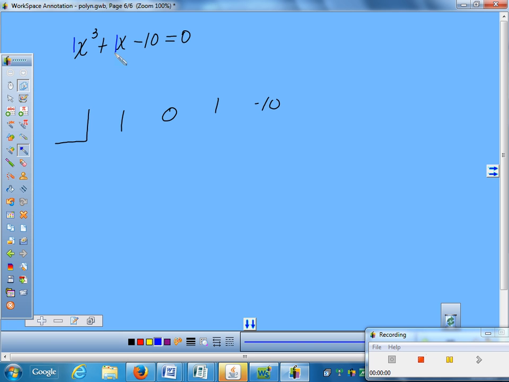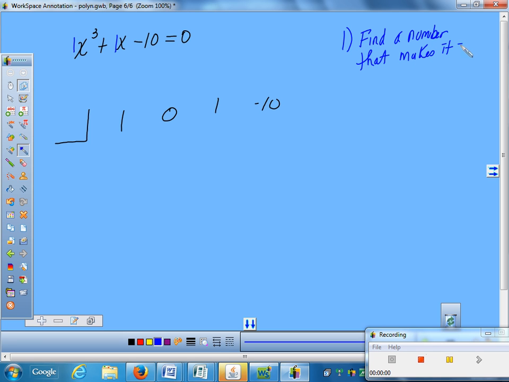Now, the only tricky part of this is you have to figure out what number to put in the box. You have to find a number that makes that thing equal 0. So it's got to equal 0.